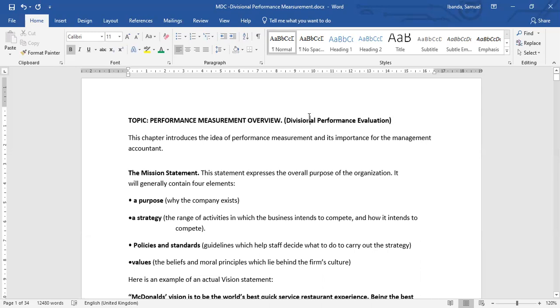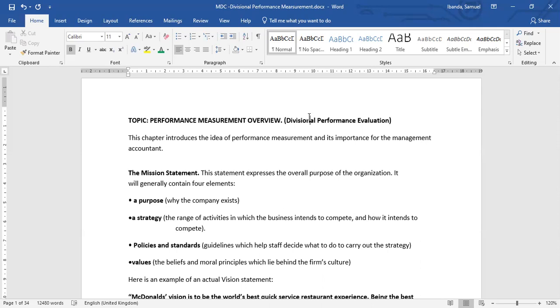And you know very well that businesses these days work in divisions. They're either departments, branches, or subsidiaries, and so on, okay? But the reason why I've called this whole topic performance measurement is because we want to not only look at divisionalized companies, but also be able to look at companies that are standalone, okay?